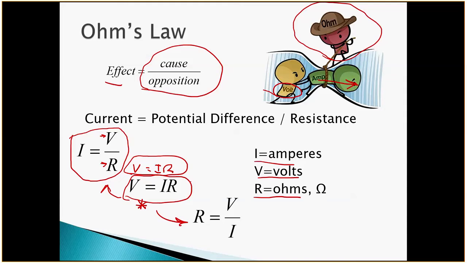Now, I will make a statement here that V equals volts. Technically, that V would be voltage drop. And if I were to have a source, I would designate that as E. That's my source.